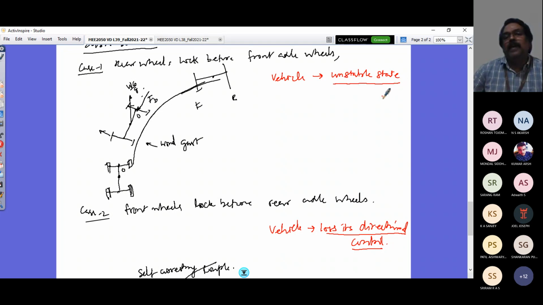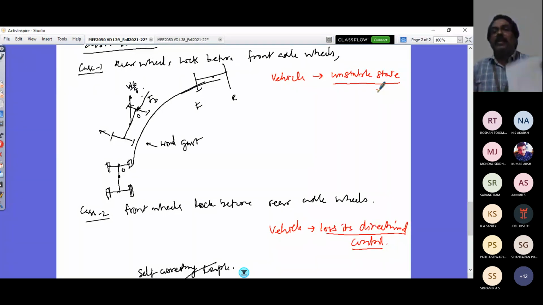So most of the legislative acts that come from different countries expect that vehicle wheel locking should be simultaneous, by an ideal braking force distribution to be ensured. In case it is unavoidable, the vehicle can be permitted front wheel lock instead of rear wheel lock. And we will look at that in the next class.